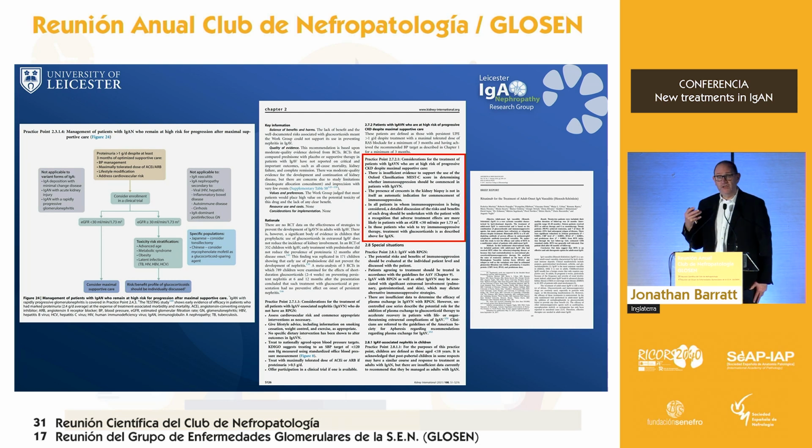Well, really, there is no data. There is no data on the right type of immunosuppression to use. There is this data looking at rituximab. It's a collection of clinical cases suggesting that there may be a benefit of rituximab in IgA vasculitis that we haven't seen in IgA nephropathy.